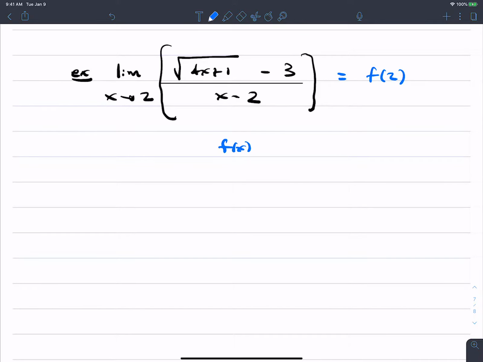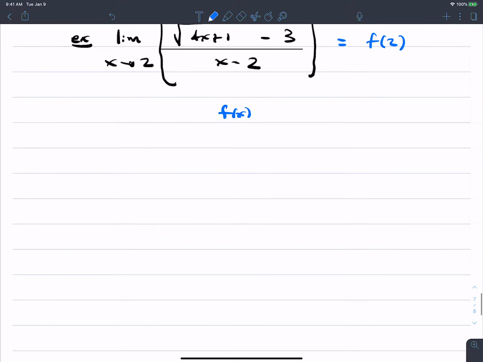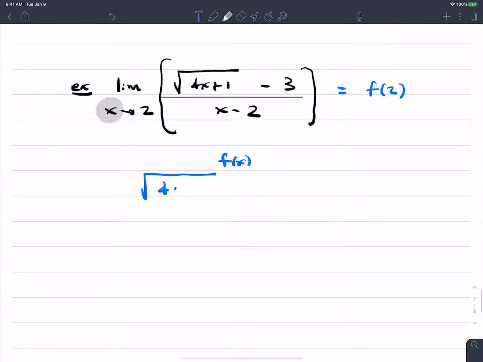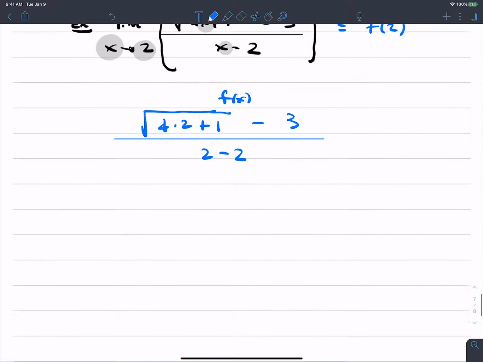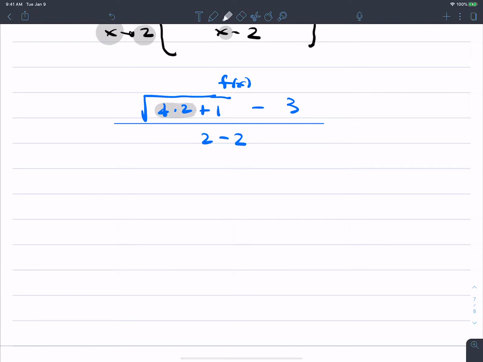Okay. So what we'll do, by functional evaluation, direct substitution, we replace here. Remember, x is going to 2, so wherever there's an x, we replace it with a 2. So 4 times 2 plus 1 minus 3 over 2 minus 2. Now, under this radical, 4 times 2 is 8, plus 1 is 9.